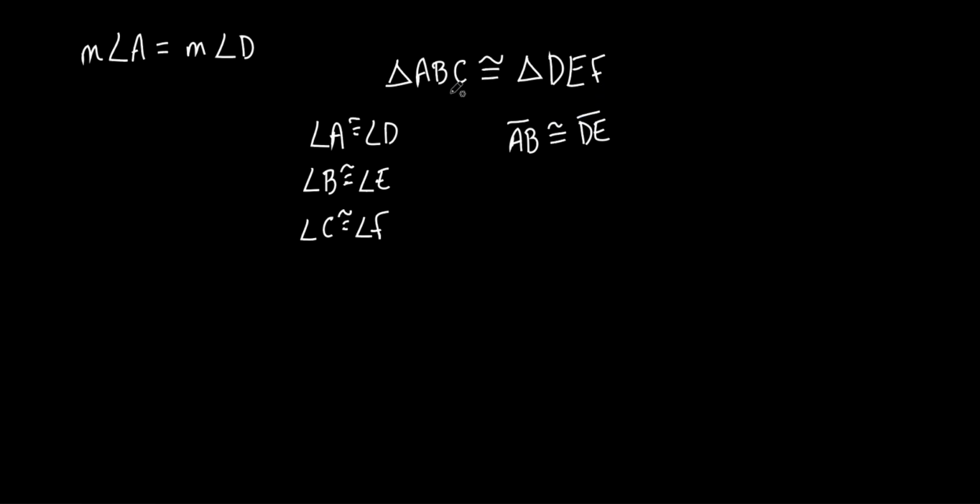DE. How do you know that? Because look, it's the first one and the second one, and that's the first one and the second one. So they got to be equal to each other, or congruent to each other. You with me? Give me some other sides of triangle ABC. BC. So, line segment BC must be congruent to what?